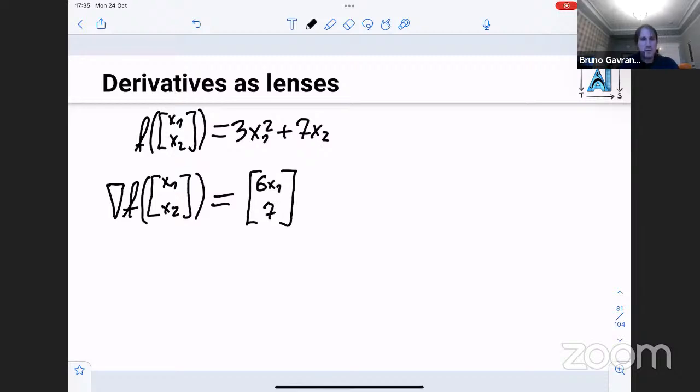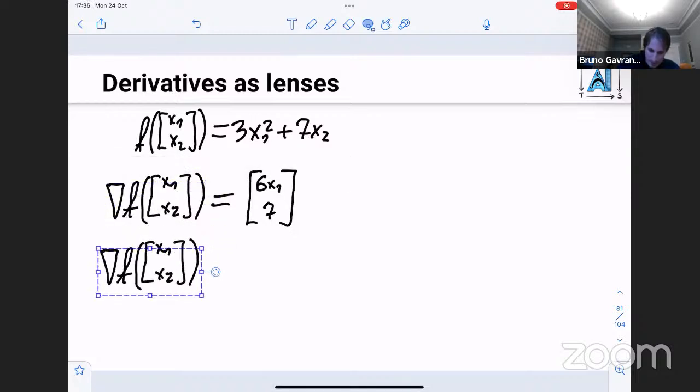Now, the central observation that derivatives are lenses arises if we realize that the matrix is really a linear transformation. So any matrix can be turned into a linear transformation. And since in neural networks we are often thinking about reverse derivatives, I'm going to turn it into a particular kind of transformation with the following type: R into R2.